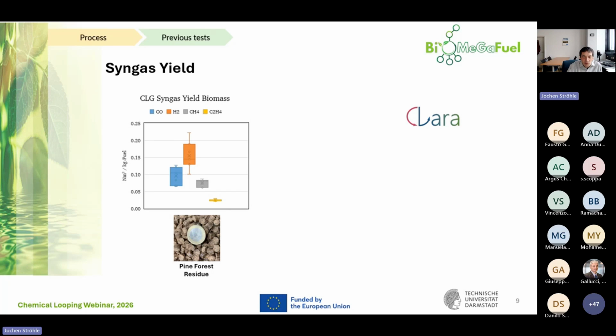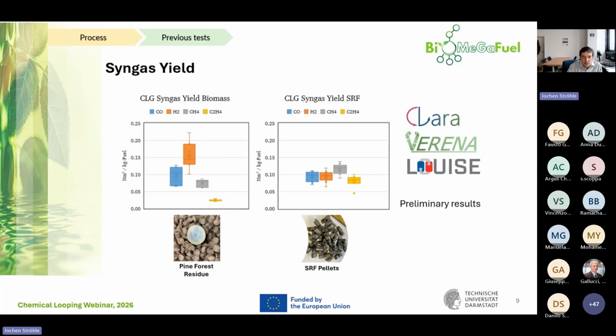One important issue is that when we use this SRF, we saw a significant increase of these hydrocarbons. Although these are preliminary results, this is one main issue when we move from biomass fuels to waste-derived fuels, because they contain a lot of plastics forming this kind of hydrocarbons.